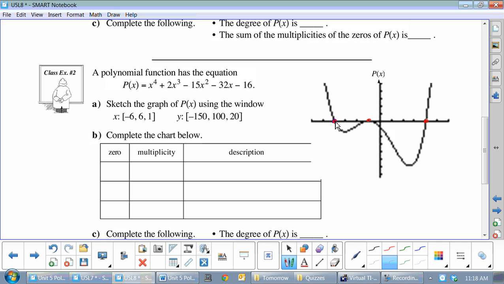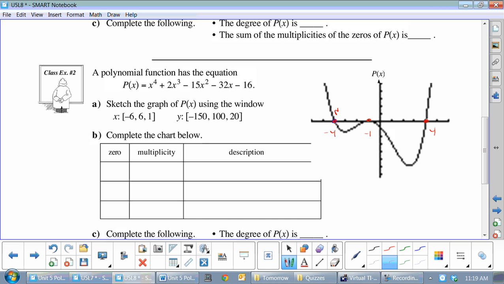Now, what are those x-intercepts? What's the first one, going left to right? Negative 4. This would be negative 1. And this would be 4. Okay? Now, at 4, what's the multiplicity?